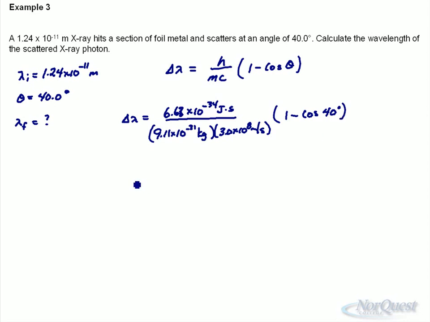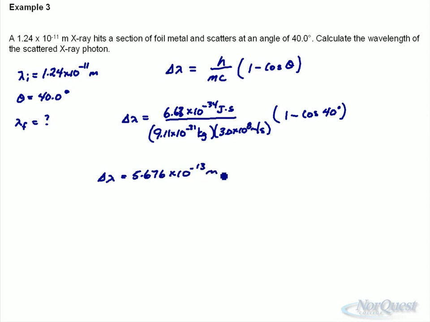Sorry, one more time, I've got to punch this in. 6.63 exponent negative 34 divided by 9.11 exponent negative 31, 3 exponent 8, times bracket 1 minus cos 40. You end up with a change in lambda, this isn't the answer, equal to 5.676 times 10 to the negative 13 meters.